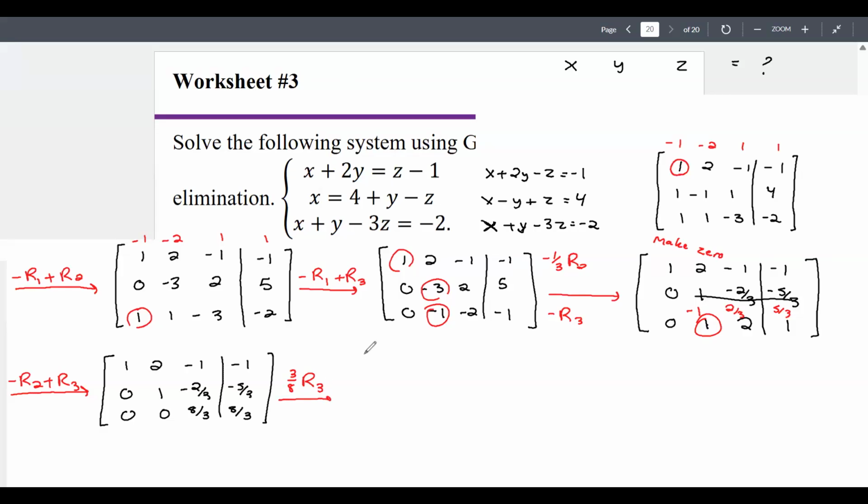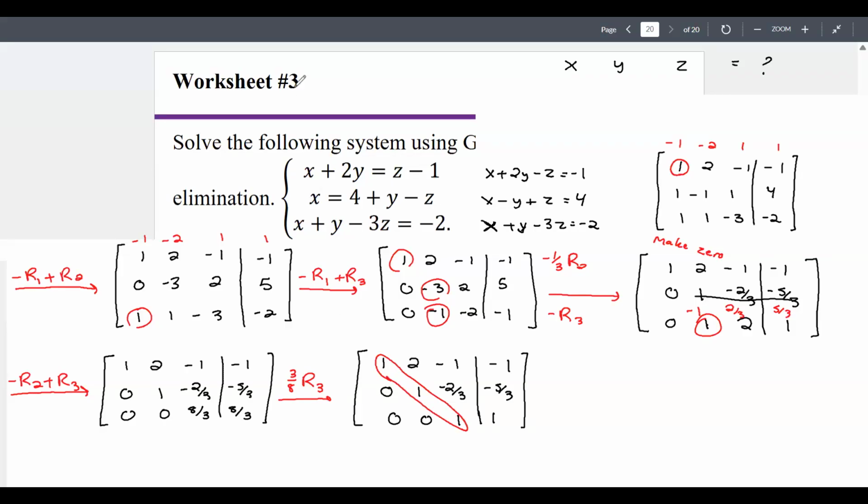We're going to be in our form of 1, 2, -1, -1, 0, 1, -2/3, -5/3, and then 0, 0, 1, 1. So we have gotten the reduced form where everything is a 1 here.